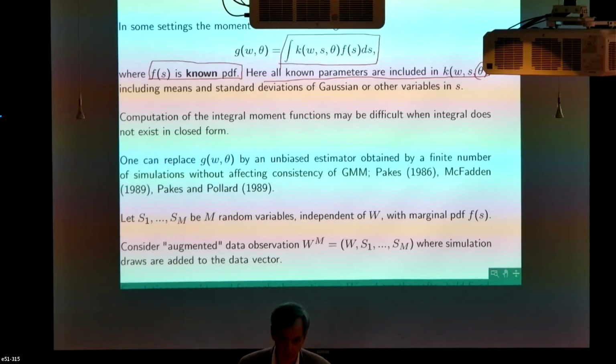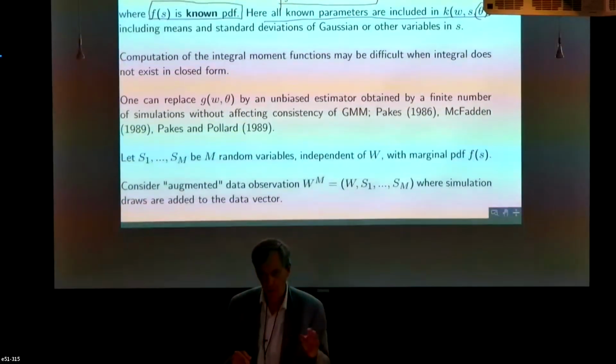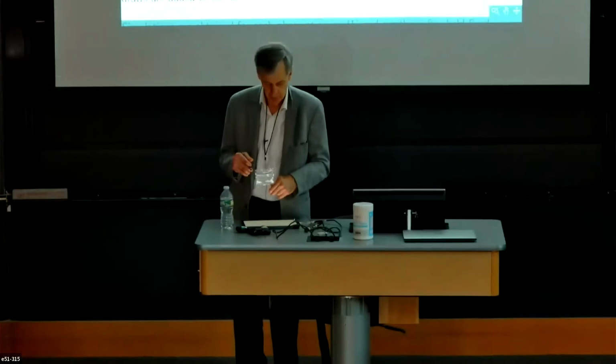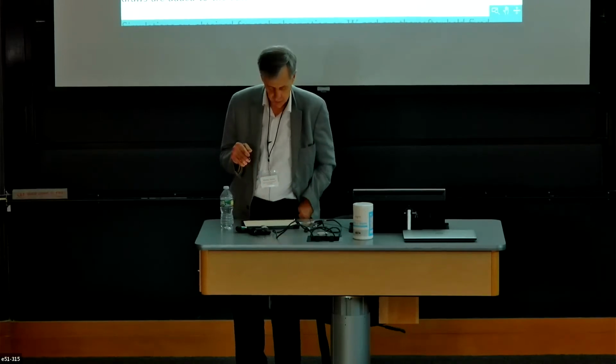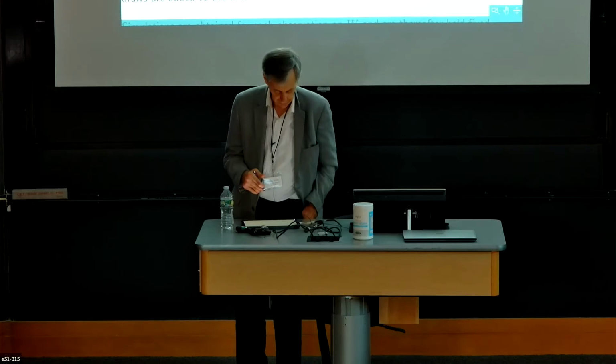So in this notation, if what you really wanted to integrate over was some Gaussian with mean mu and variance sigma squared, you have to include in K in this notation that mean parameter and the variance parameter. Okay. And so I'll give you an example of that for mixed logit. So you see how this happens, but that's the way this method of simulated moments works. There's some known distribution of S that determines this integral.